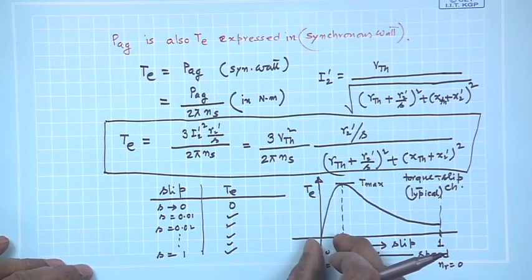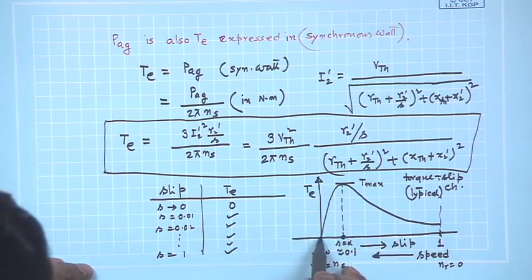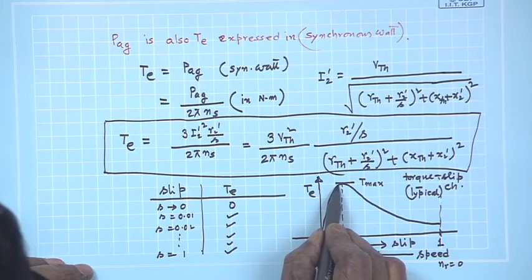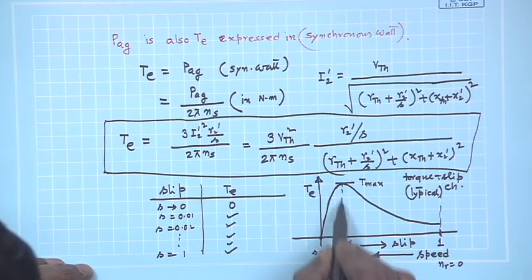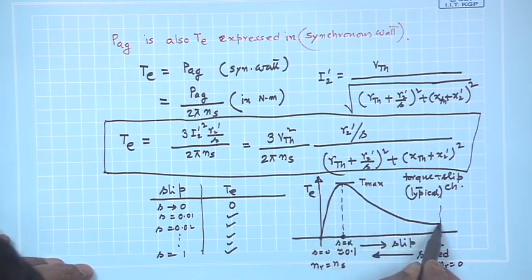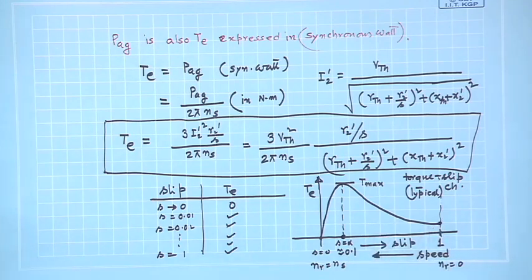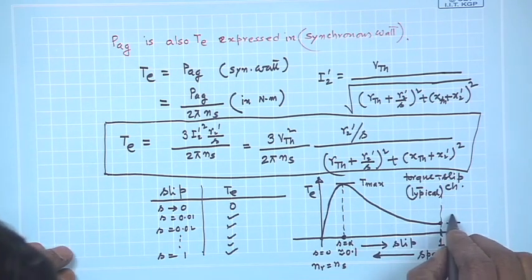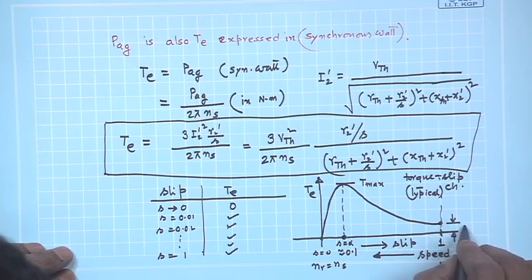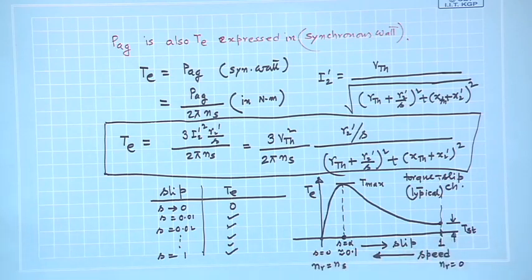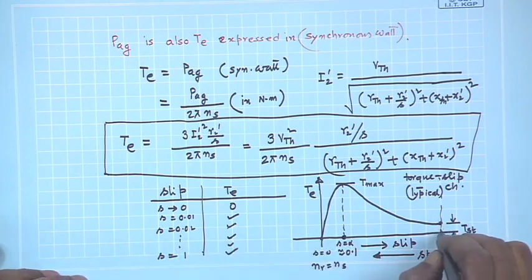So the curve goes to maximum at a very small value of slip, then it decreases and comes here. This is obviously the starting torque, T starting, of the induction motor, because s equal to 1. As you switch on the supply to the stator, s equal to 1, and the machine is capable of developing this much starting torque.